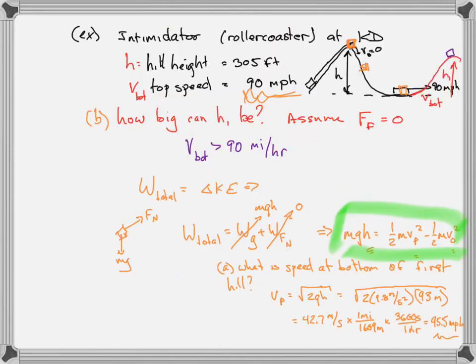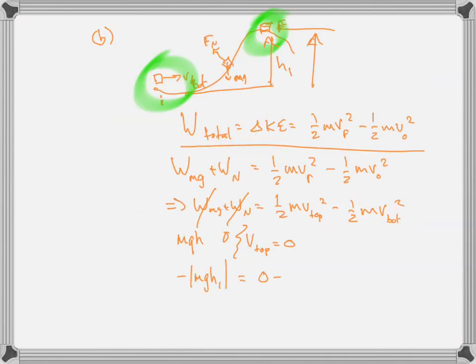But v bottom is 95.5 miles per hour. Actually, v bottom is the square root of 2gh, with h the original height of the hill. So we plug in v bottom equals the square root of 2g times the original height, squared. And we can solve this, and we get minus mgh1 equals minus 1/2 m 2gh.